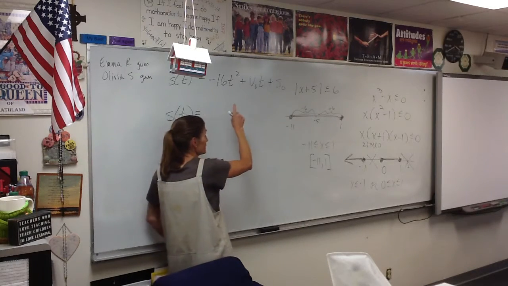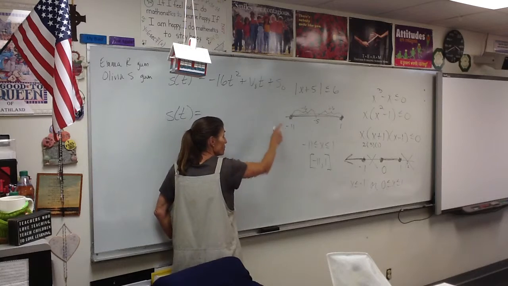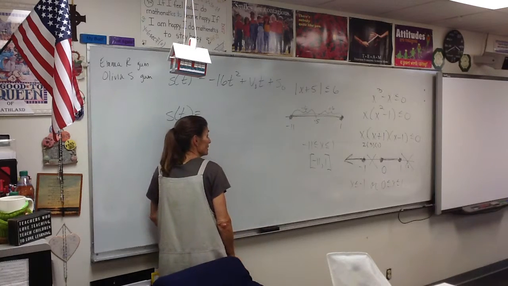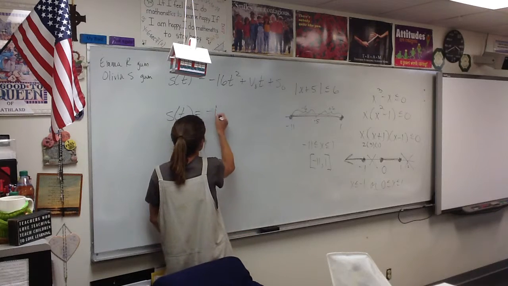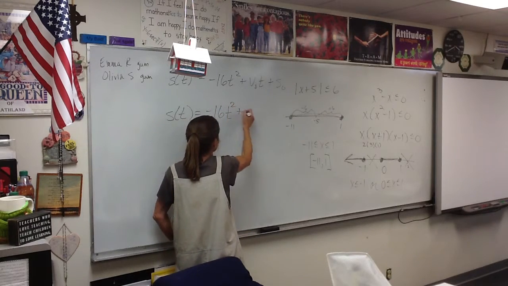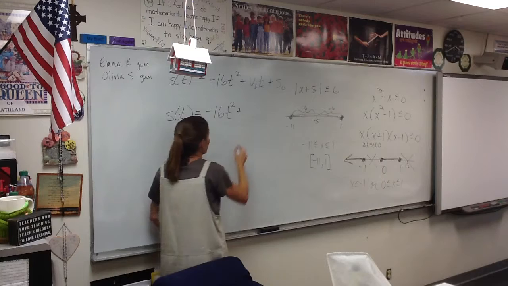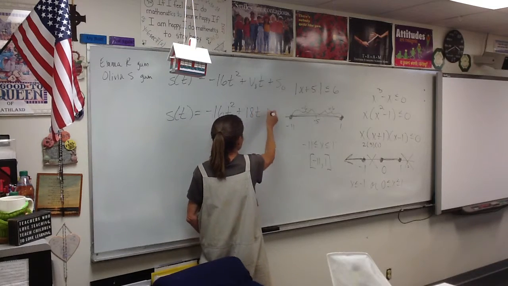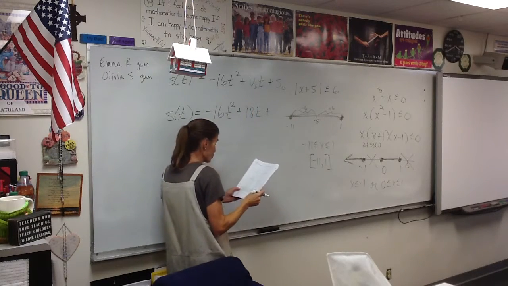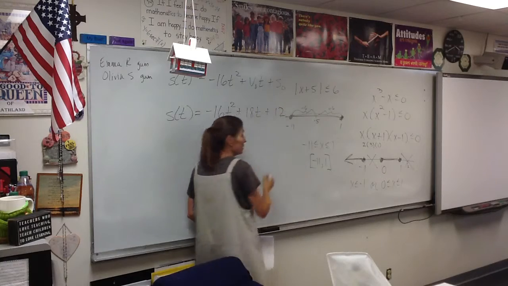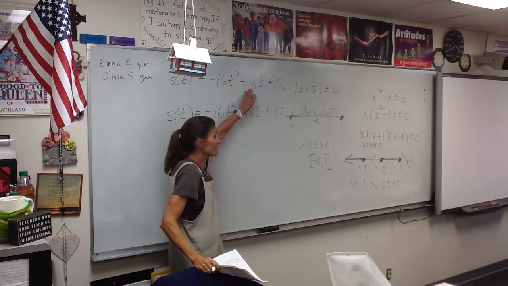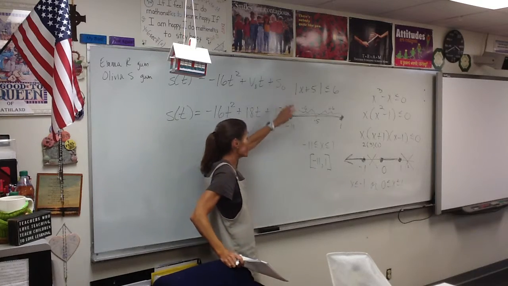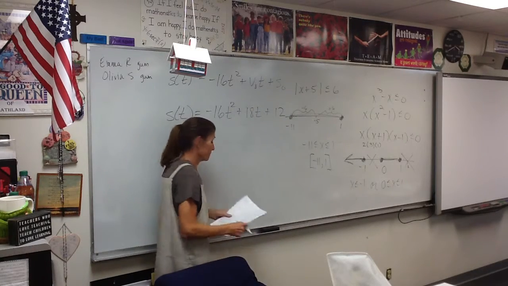You need to be able to tell me where to put the 12 and where to put the 18. Where do I put the 12 and the 18? 18 is the initial velocity, and 12 is the initial height. This is your initial velocity, this is your initial height. So that's your equation.